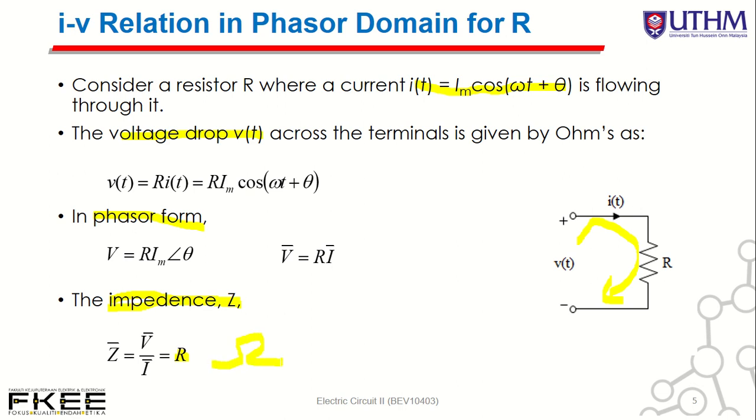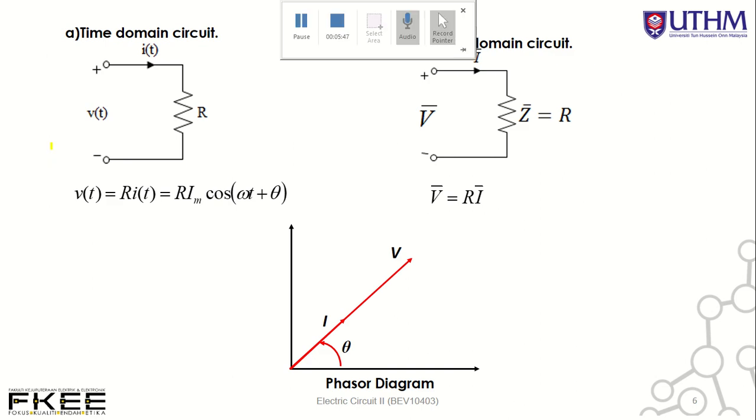So we can summarize that we have a circuit in the time domain, and then we can convert it to the phasor domain. First, you need to redraw the circuit in the phasor domain, with capital V, capital Z and current capital I. So V equals Z times I, where in this case Z equals R, so V equals R times I. From this analysis you can draw the phasor diagram.